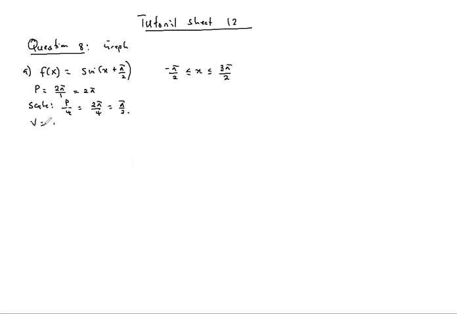Do we have the vertical shift? It is 0. Horizontal shift, you get x plus pi over 2 and you set it to 0, so that x is equal to negative pi over 2, meaning that there will be a shift of pi over 2 to the left.